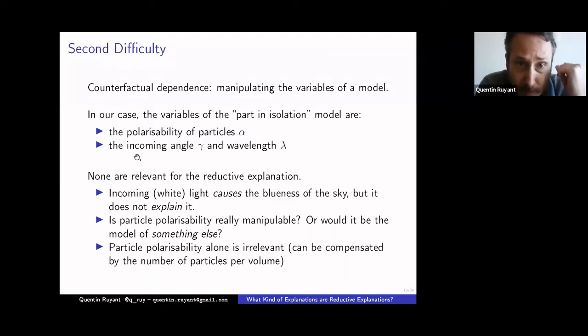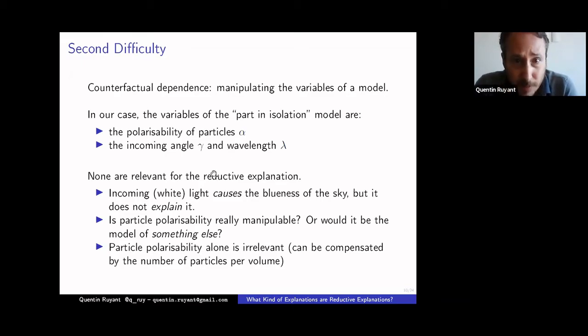These are the polarizability of particles, the incoming or outgoing angle, and the wavelength. The problem is that none of these seem to be relevant factors for the reductive explanation.